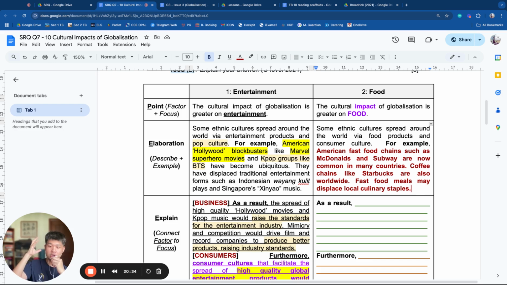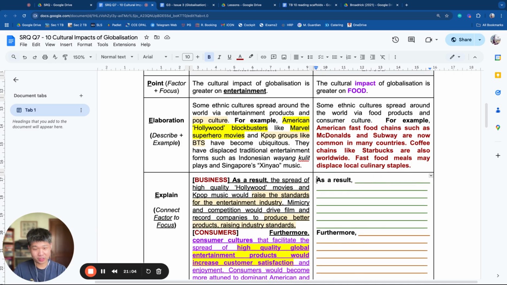Just have that picture of your younger sibling or cousin screaming for McDonald's and KFC, and then think, so what are they missing out on? Are they potentially missing out on something that could be a cultural delicacy like kueh or dumplings? Okay, I'm not that good with food. Anyway, just think about what they're missing out on.